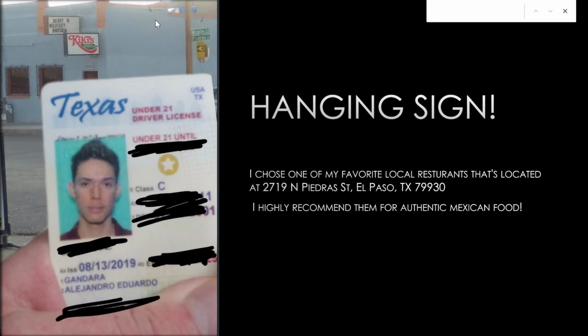I left the location below, and as it says, I highly recommend them because it's truly one of those hole-in-the-walls inside of El Paso that has such beautiful atmosphere and amazing food.